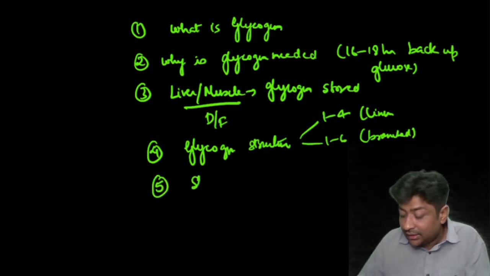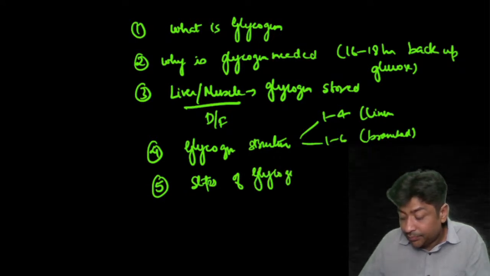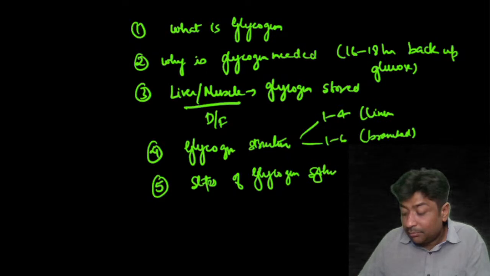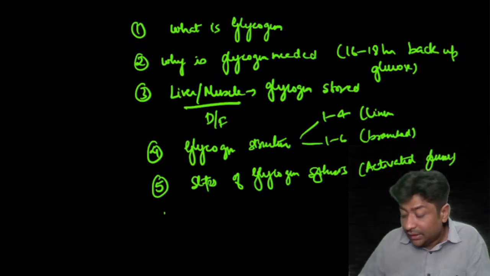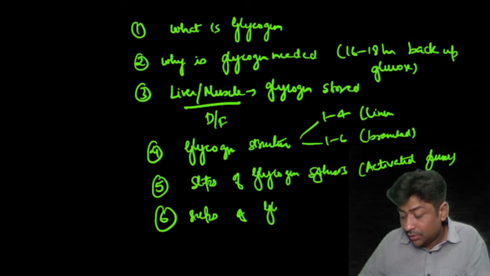Then we looked at the steps of glycogen synthesis, all the steps remembered. Here I talked about activated glucose, a very important question. Then we looked at the steps of glycogen breakdown.